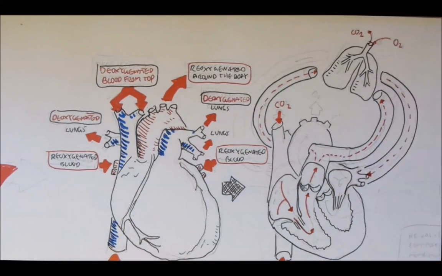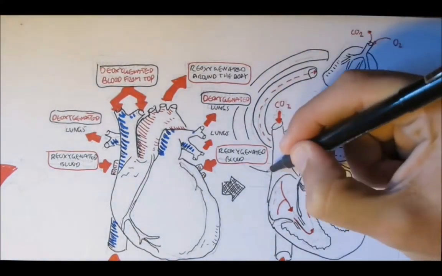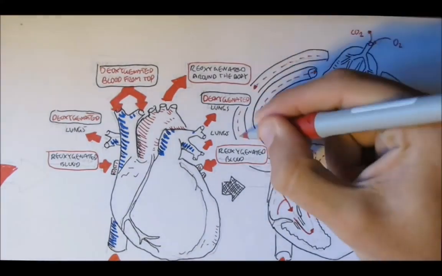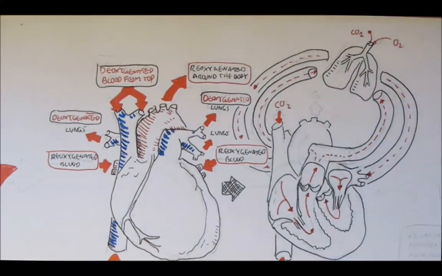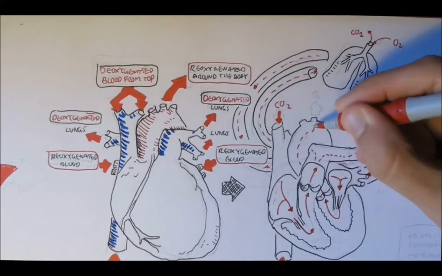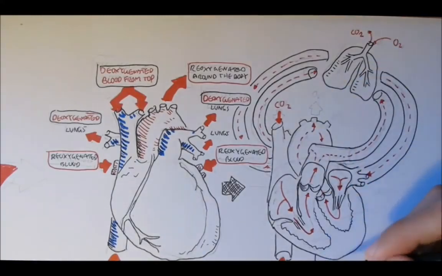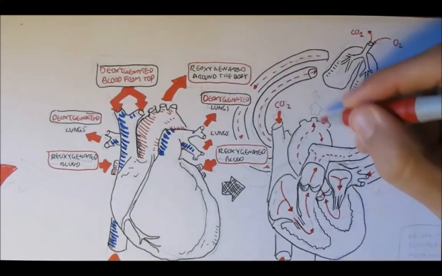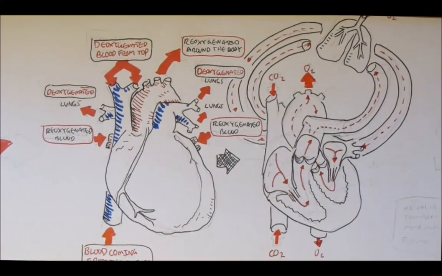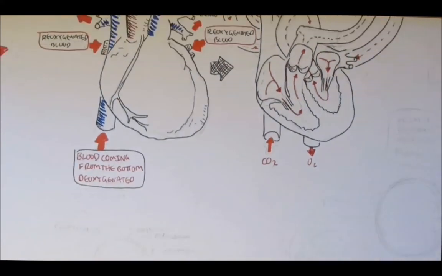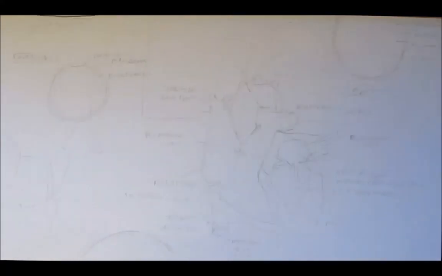So now this reoxygenated blood supply will return back to the heart from the left side. It will come through this chamber, go down this chamber, and will be pumped again for the second time around the whole body through the aorta. So reoxygenated blood, this oxygenated blood, will be pumped out of the heart through the aorta to the whole body to supply the body. So, I hope you understood that.